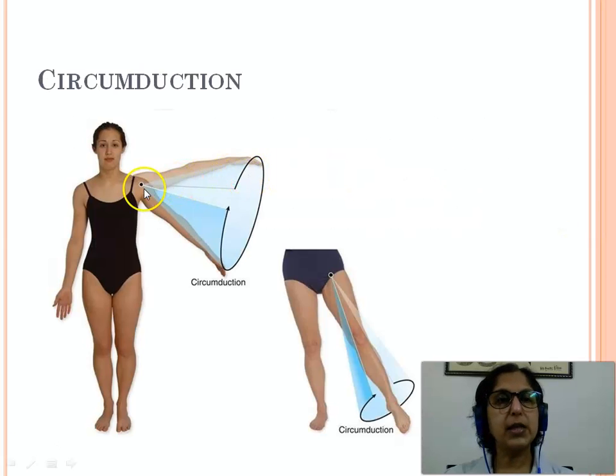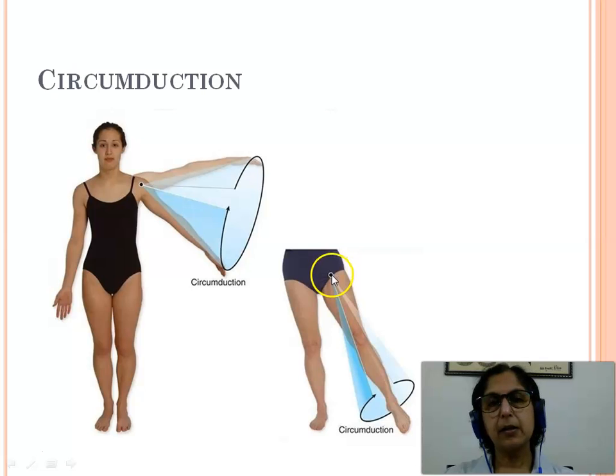So what we see here is the shoulder joint, which is a polyaxial joint, and we see here a combination of the four angular movements, a combination of flexion, abduction, extension and adduction, so that the limb describes a cone, apex of the cone being at the root of the limb.